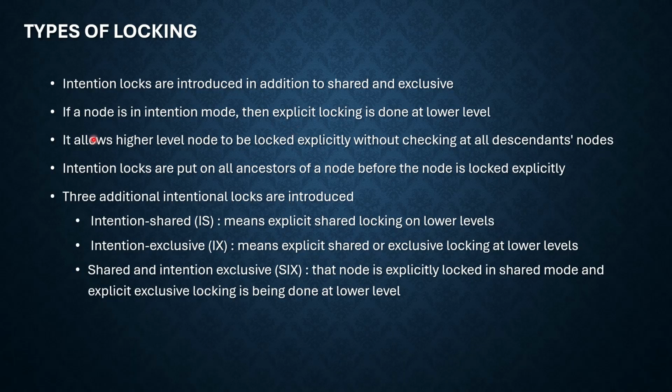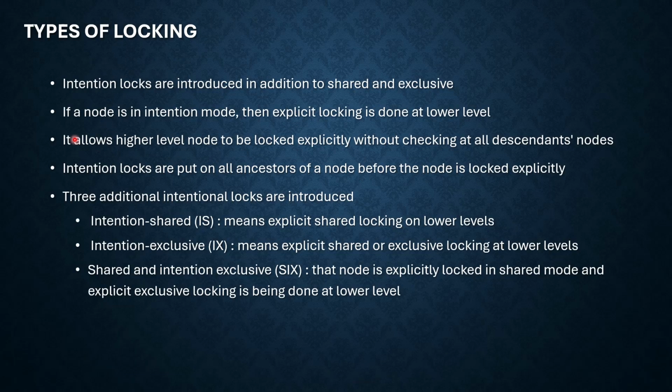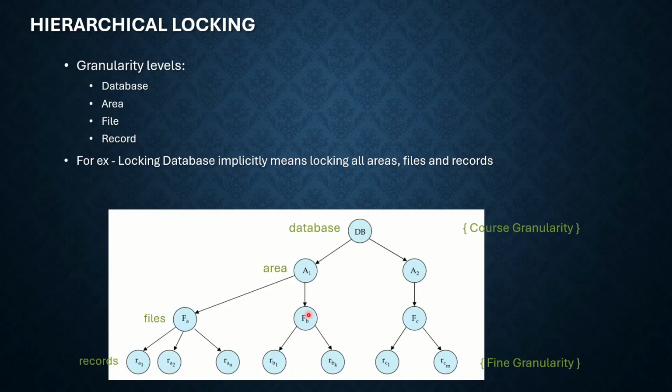So, types of locking. We have already looked at two types of locks, but for this we have introduced another three types of locks, which are intention shared and intention exclusive. So why have I introduced these types of locks? Let's say one transaction already has an exclusive lock on RB1. Then another transaction comes and wants to put an exclusive lock on this whole area.